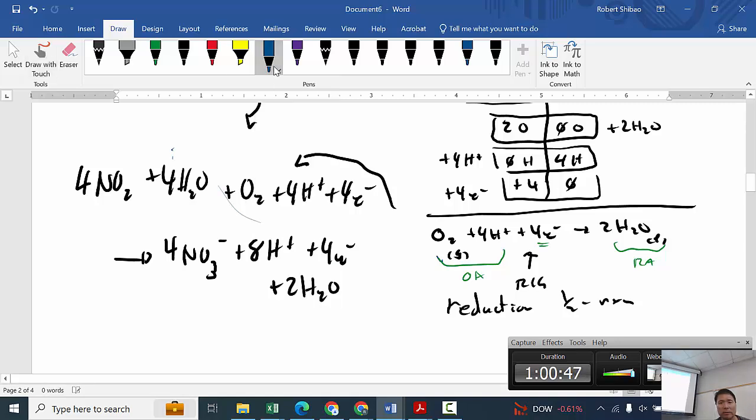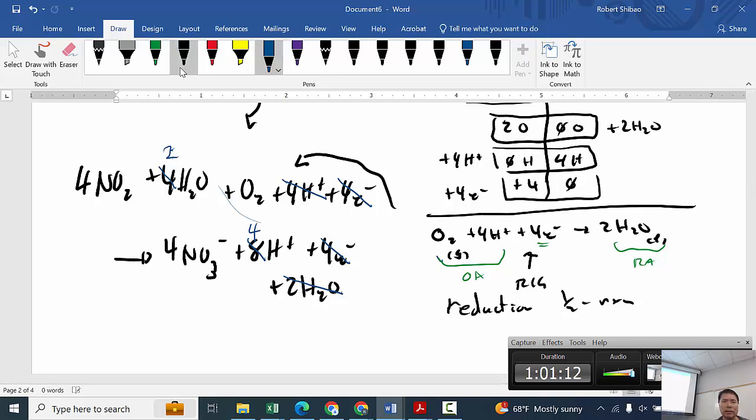So I'm going to cancel out 2 of the waters on the product side and 2 of the waters on the reactant side. And then I have 4 H pluses on the reactant side. I'm going to cancel out 4 of the 8 on the product side. And then the 4 electrons will cancel like this.